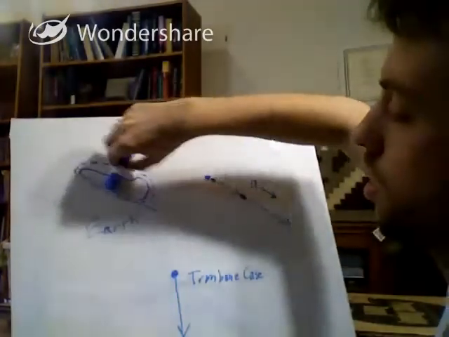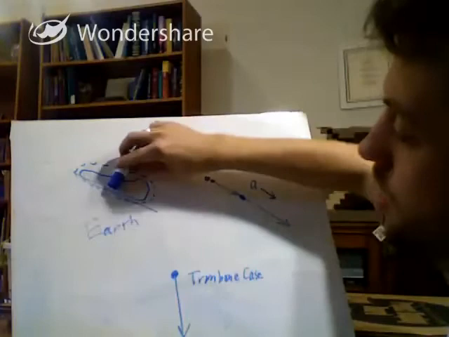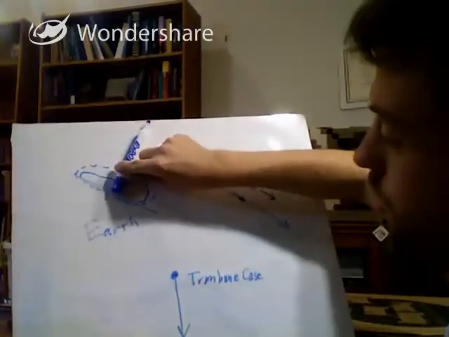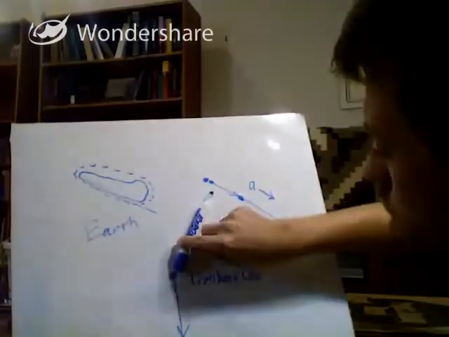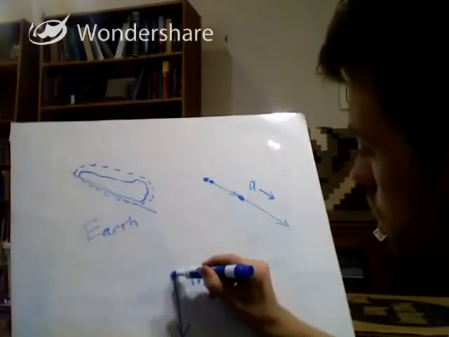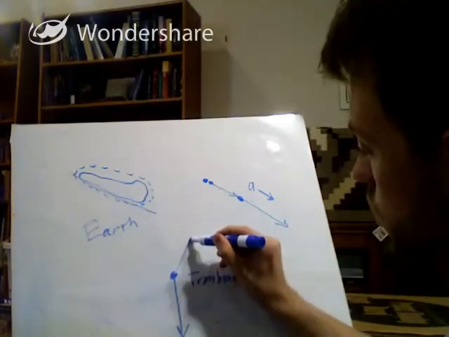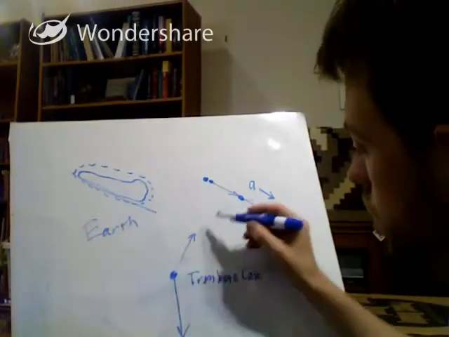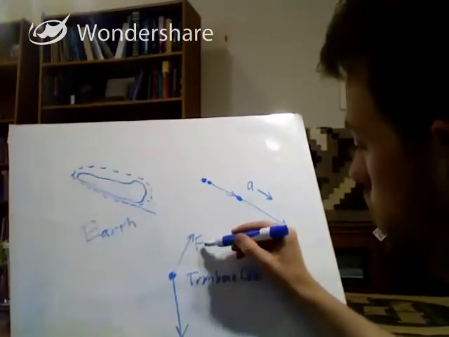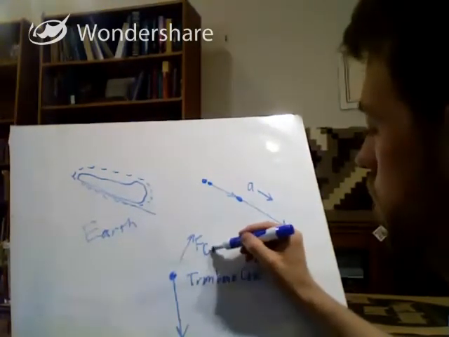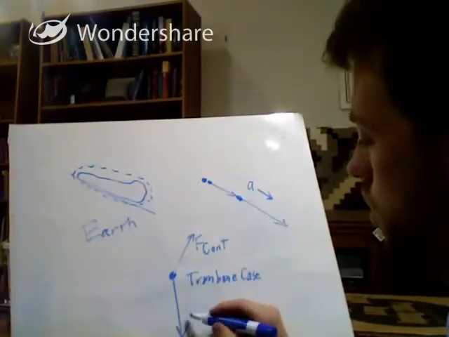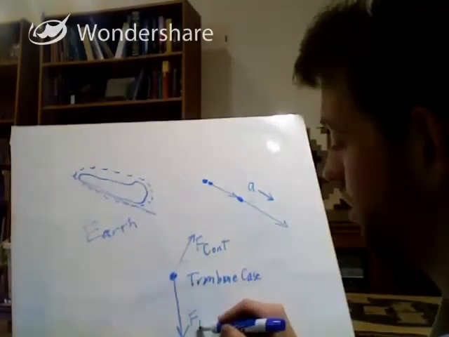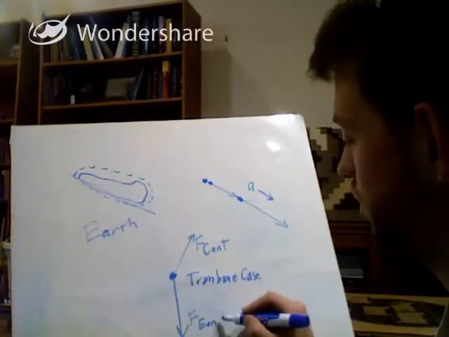Here's the surface of the cardboard right here, 90 degrees to that. It's the normal force. So at that angle is the normal force. And we'll call that the force that the cardboard exerts on the trombone case. Oh, I forgot this one. The force that the Earth exerts on the trombone case.